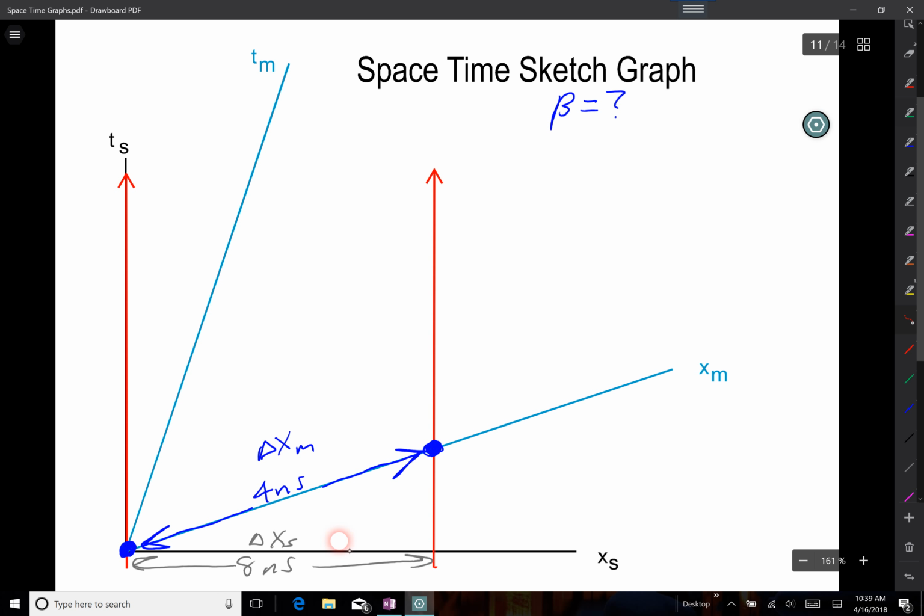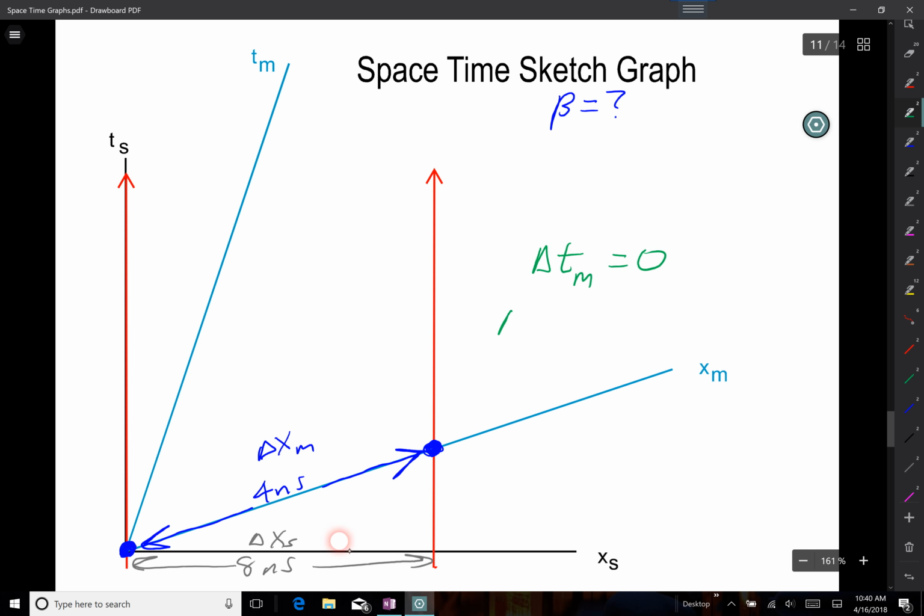When that happens, that means those two events occurred simultaneously, or that delta T measured in the skewed reference frame is 0. That's what simultaneous means. There's no time between the two events. And the two events are the blue dots.